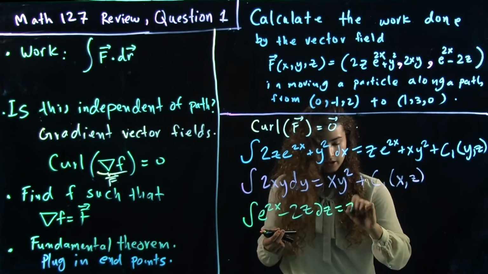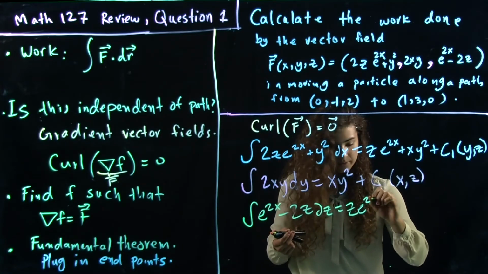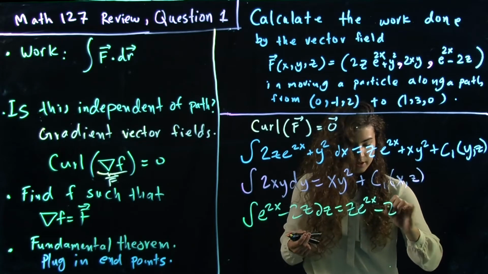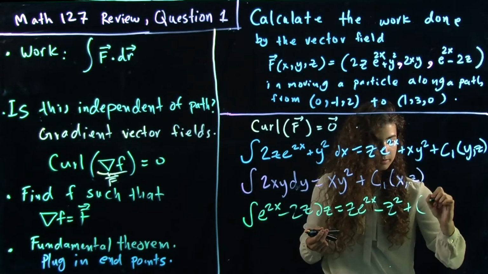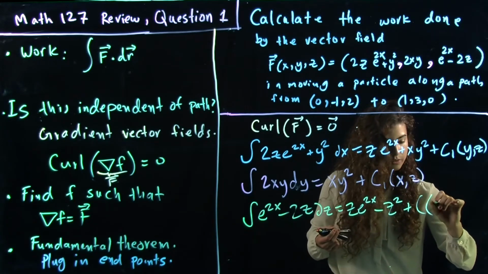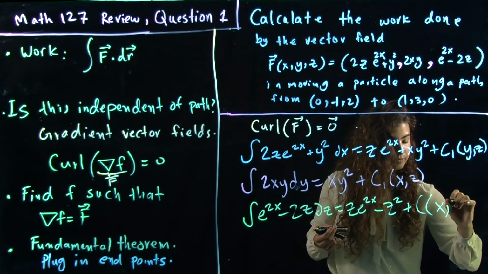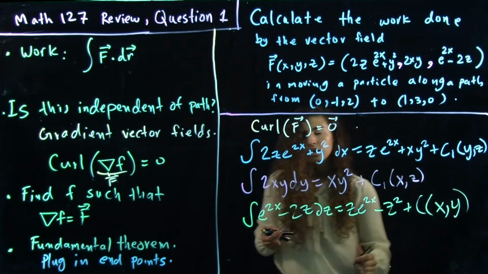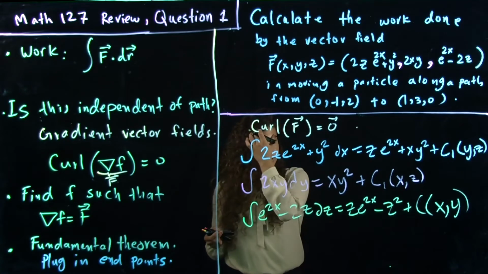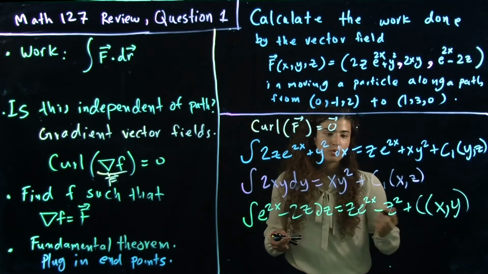And so that would be z e to the 2x minus z squared plus some constant in x and y.